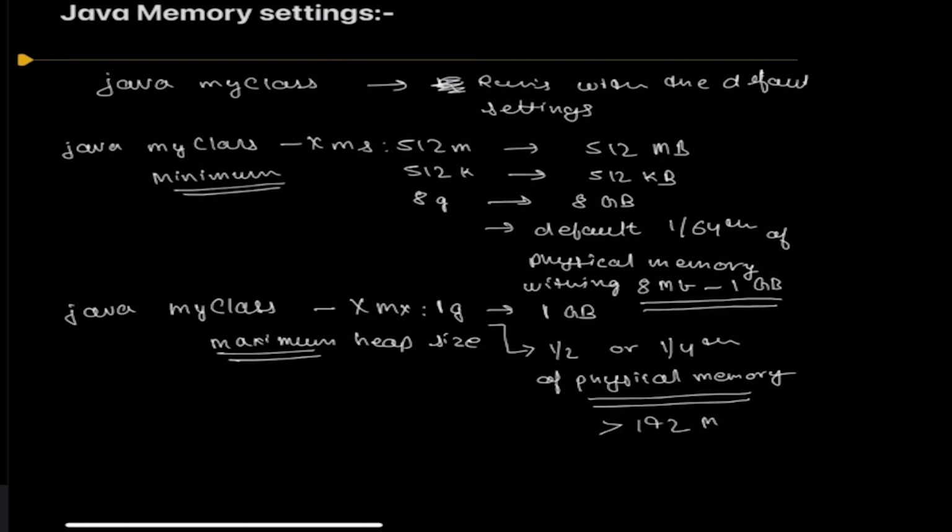And if it is greater than 192 MB, then the default value for maximum heap size will be 1/2 the physical memory. So 192 is the limit. If less than that, then 1/4, and if greater than that, then half. This is the default value if we don't define -Xmx, and this is how maximum heap size is regulated. And we can configure it in MBs, KBs, whatever unit we want.